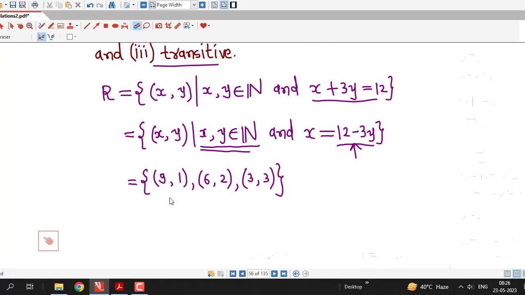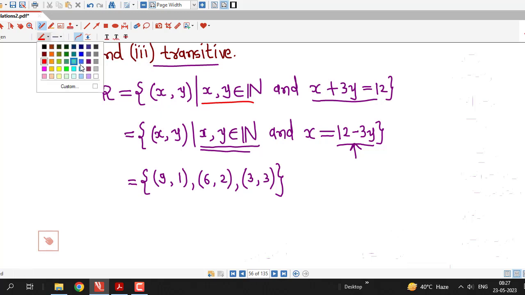There are only 3 solutions for this equation, provided that x and y are natural numbers. If x and y are integers, then there are an infinite number of solutions, but here, due to the condition that x and y are natural numbers, we have only 3 elements in our relation.